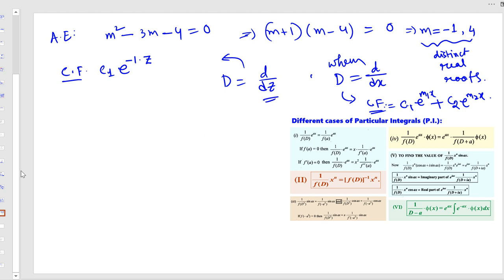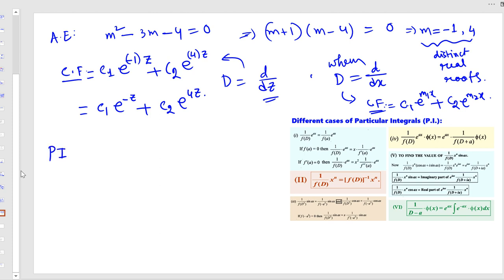Now we have z here, so this would be minus 1 into z plus C2 into e to the power 4 into z. Okay, this is our CF. So let us write C1 e to the power minus z plus C2 e to the power 4z. So that's what we have found.